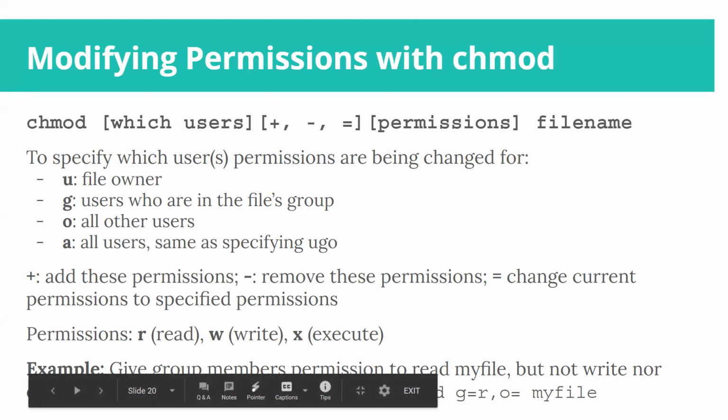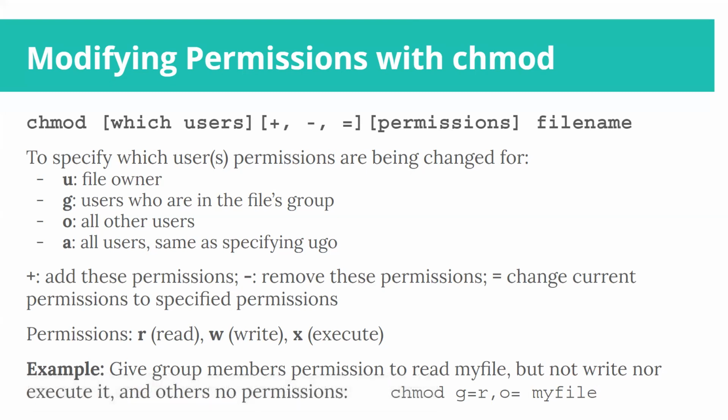Then you'd put a comma, and for the others group, O, you want to give them no permission, so you just do an equal sign and it's empty after that. And then you'd specify the file name, myfile. I think in the comments I have a link if you want to read more about permissions and stuff.